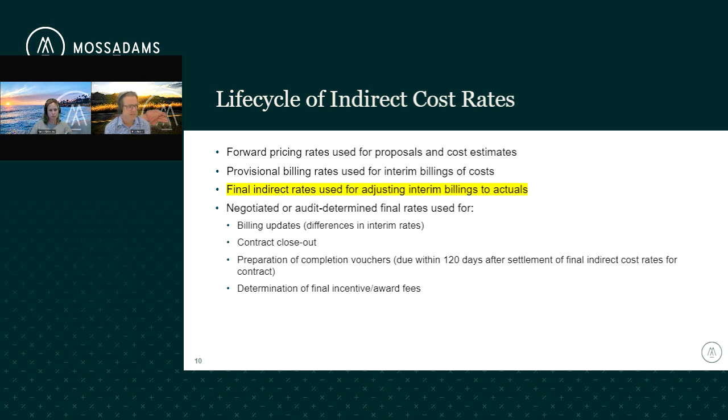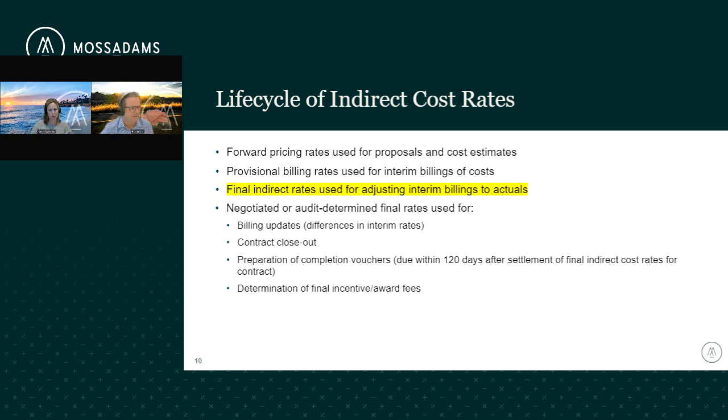In this section, there are various parts of the indirect cost rates. The one we're going to focus on is the final indirect rates used for adjusting interim billings to actuals.